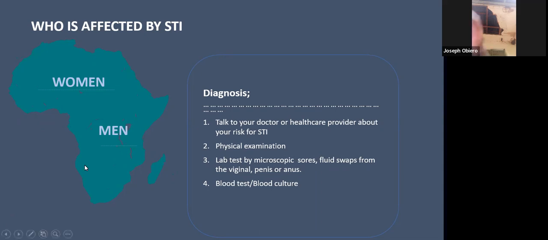We can also diagnose microscopically. We can take a specimen from the source, a fluid swab from the vagina, penis or anus. Then we test, and it will show us which kind of bacteria the person is suffering from. We can also test the blood and find some conditions in the blood.